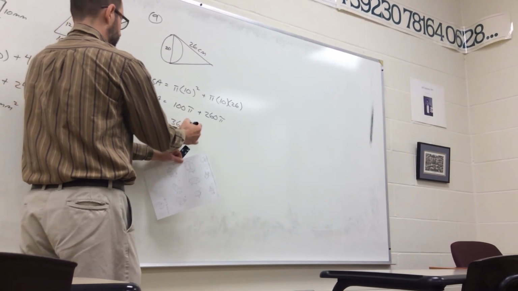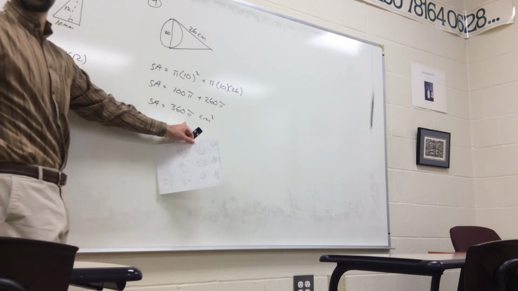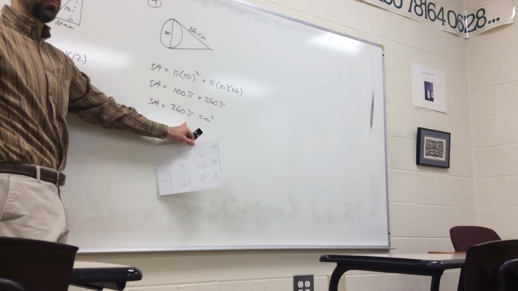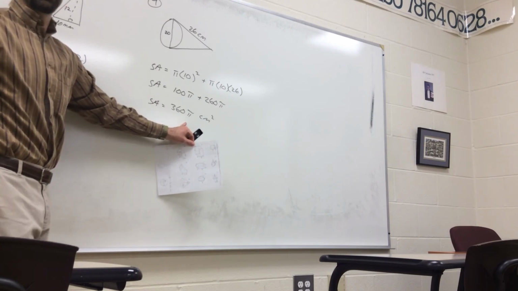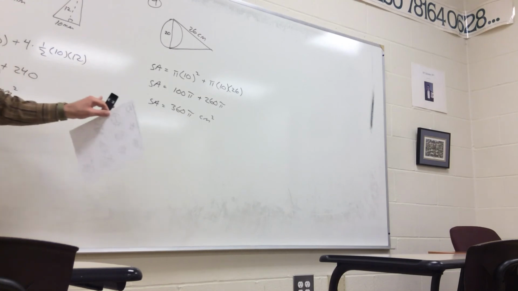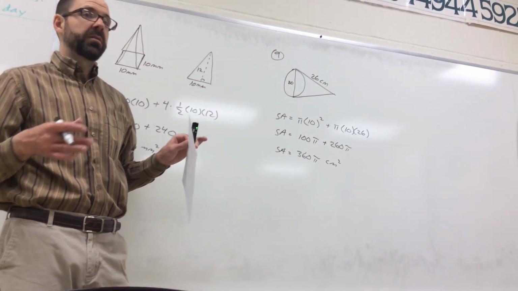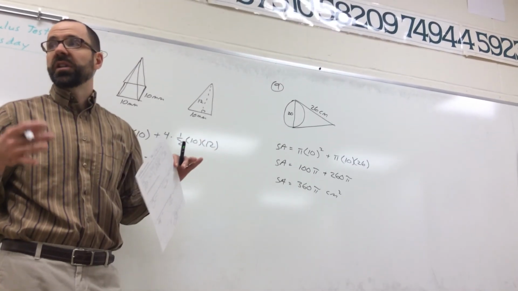So then altogether that's 360 pi. So surface area is a lot like area. We did area yesterday. You just add up all the outside shapes' areas to get the total surface area.